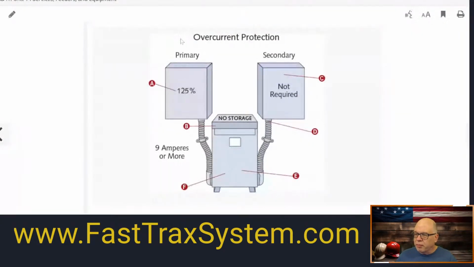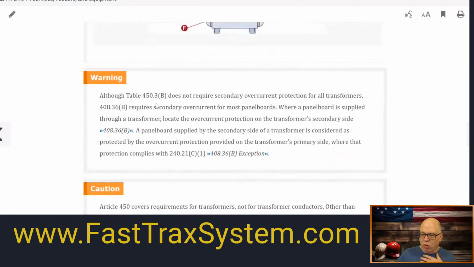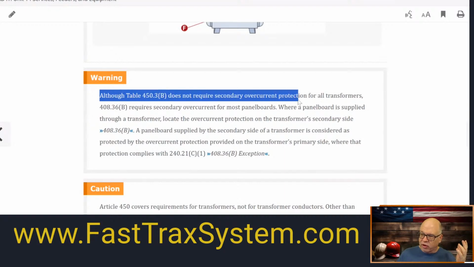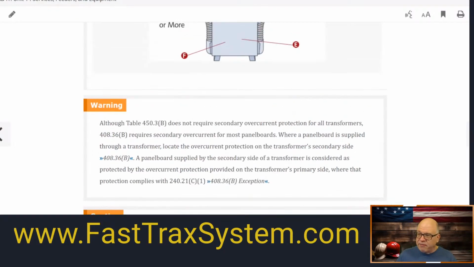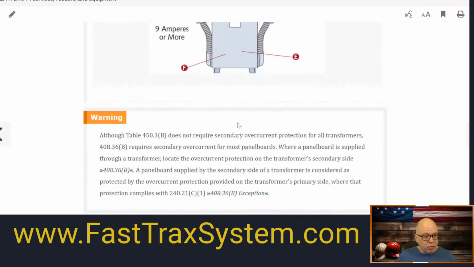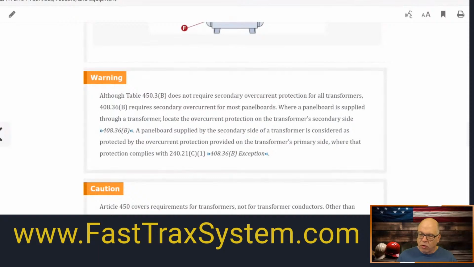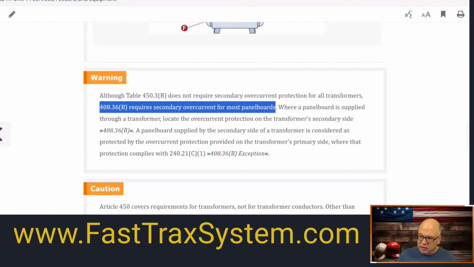Also, there is an important notice, and our program does this all the time: it gives you warnings and cautions. And it reminds you, although Table 450.3 does not require secondary overcurrent protection for all transformers, like the one we just talked about, you have to remember that if this happens to be feeding a panelboard, 408.36(B) requires secondary overcurrent protection for most panelboards, okay?